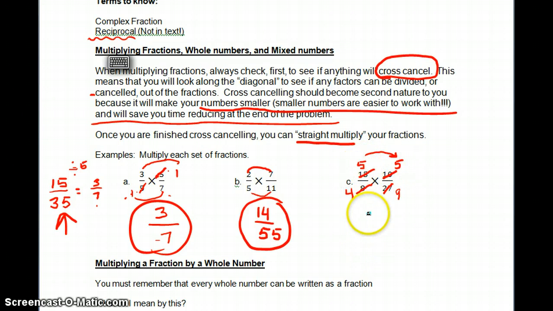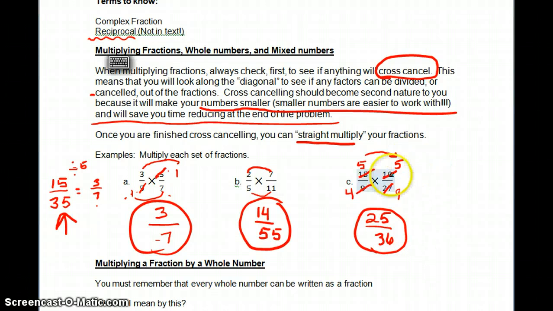So 5 times 5 makes 25, and 4 times 9 makes 36. There is nothing further that can reduce out of 25 and 36 in order to simplify that fraction. So it is now complete.